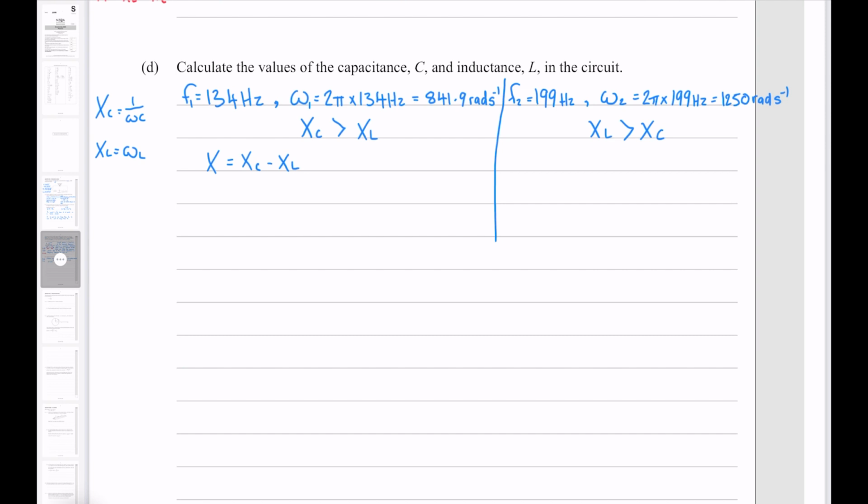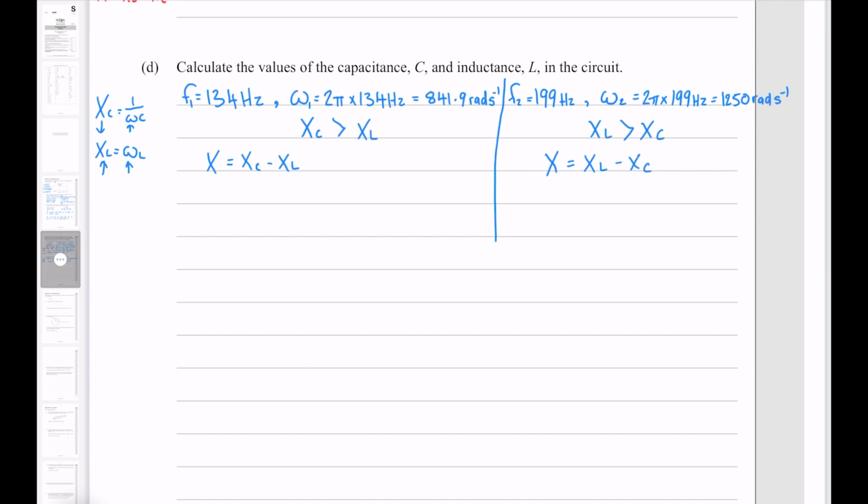Because as we increase our frequency, you might recall, our XC decreases, whereas our XL increases. So at a higher frequency, our XL is going to be larger. What that means is that our reactance can be written as XL minus XC, the opposite to our lower frequency.